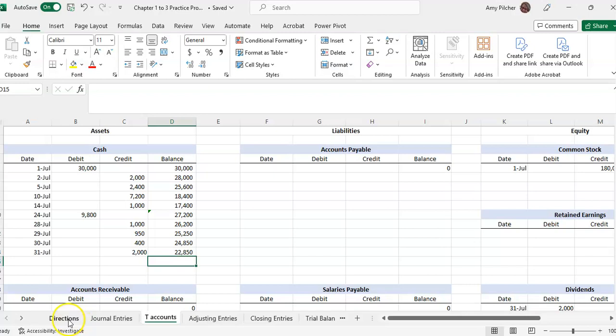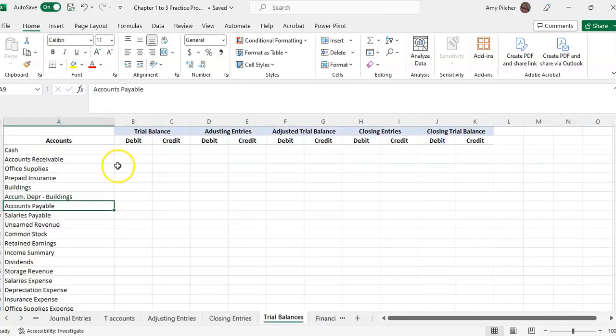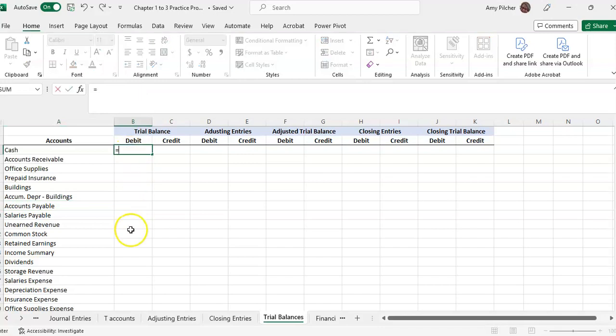Okay. So now we've done 1 and 2. We recorded each transaction, we posted in the T accounts, and now we are going to prepare an unadjusted trial balance. So remember, the trial balance is just the listing of accounts and the balances in accounts. So what we're going to do is pull those balances from our T accounts.